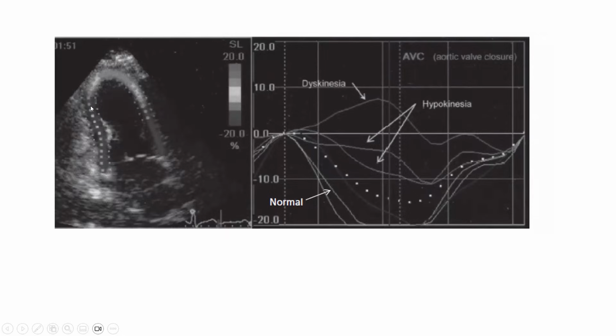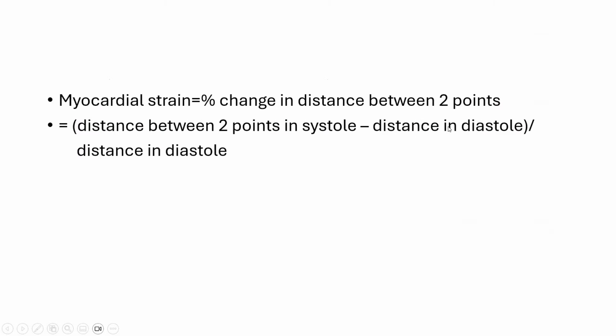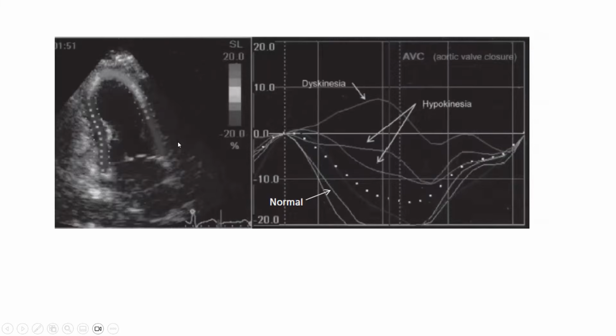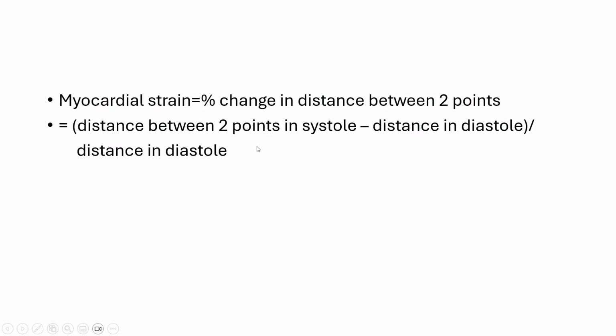And strain is the distance in systole minus the distance in diastole, divided by the distance in diastole. That's why longitudinal LV strain is a negative value, because the distance between those 2 points longitudinally is shorter in systole than in diastole. And the normal is minus 18% and less, depending on the software.